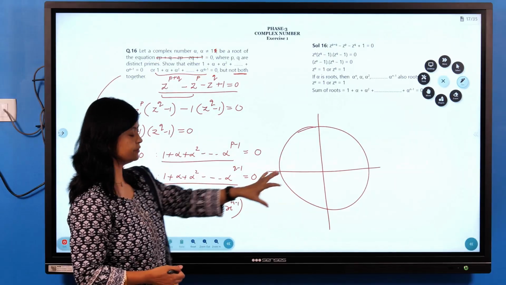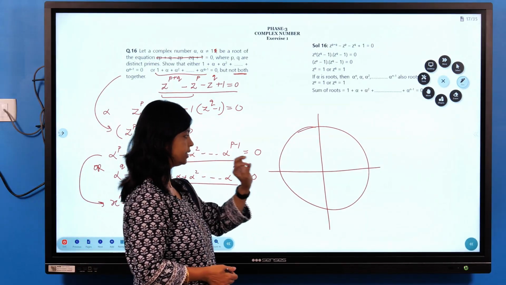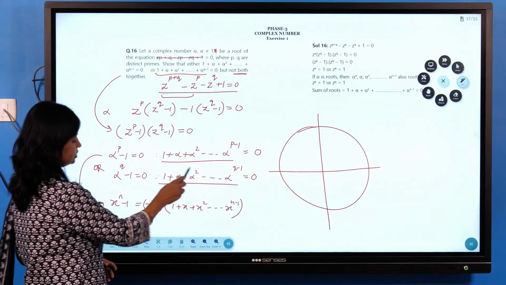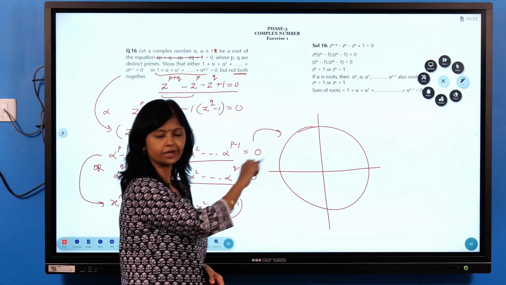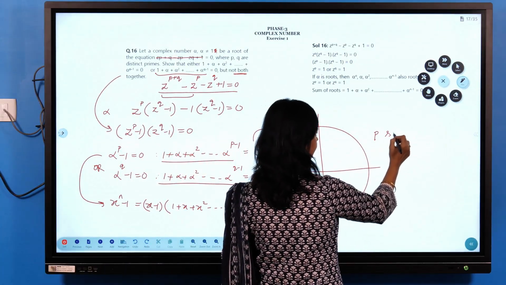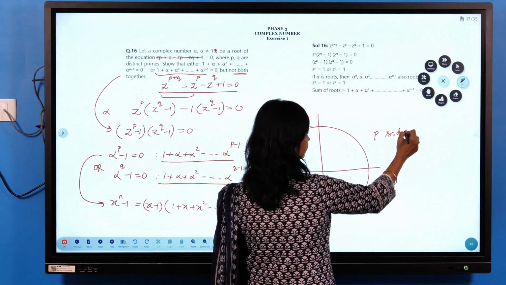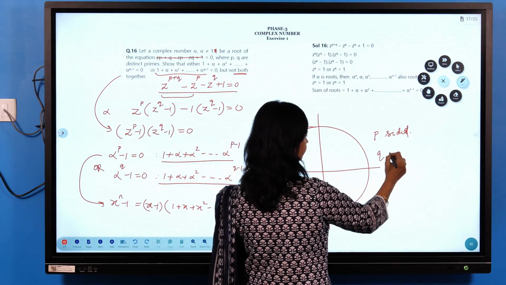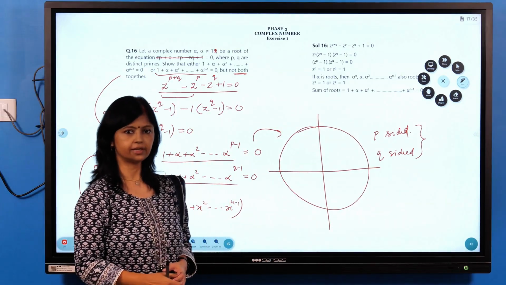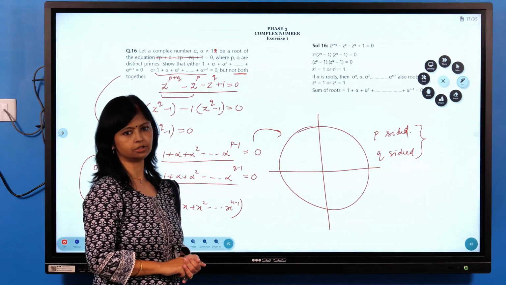If it is the 5th root, then a 5-sided regular polygon. If nth root, then an n-sided polygon. So this here is going to be dividing the argand plane into a p-sided polygon, and this is going to be divided into a q-sided polygon.